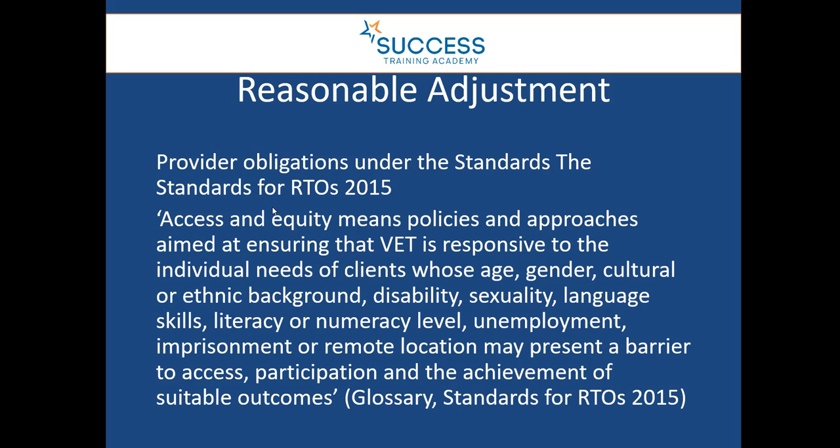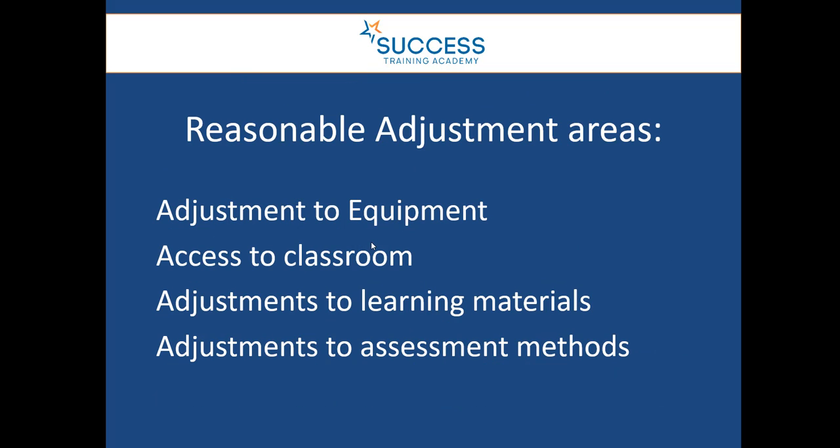Okay, so we, as an RTO, or every RTO, has an obligation to provide reasonable adjustment. Okay, so reasonable adjustment is essentially making shifts, modifications, changes to how a student is being assessed so that they have equal opportunity. So that could mean making adjustments to equipment.